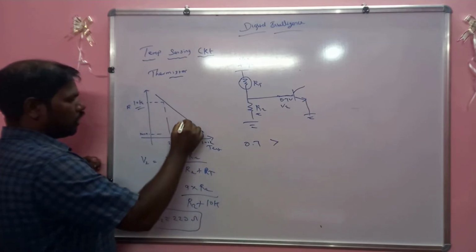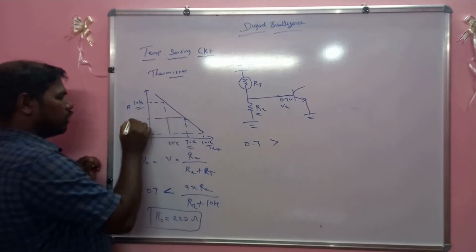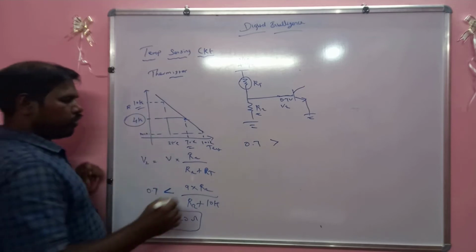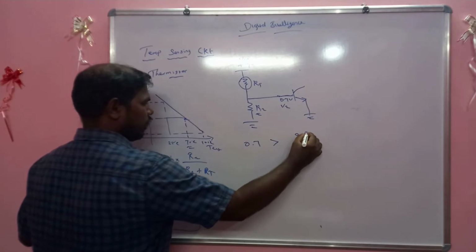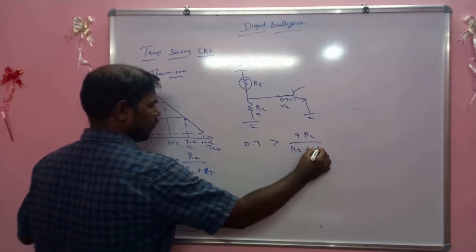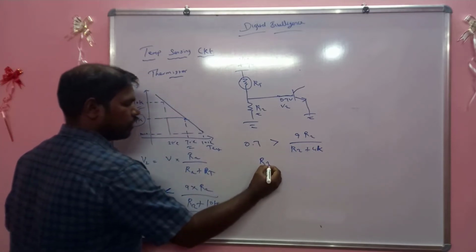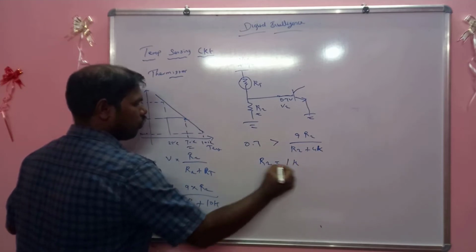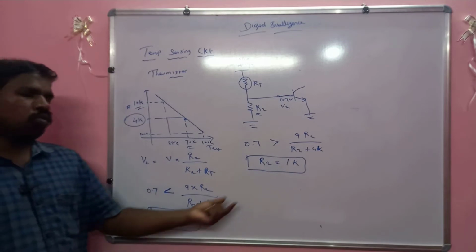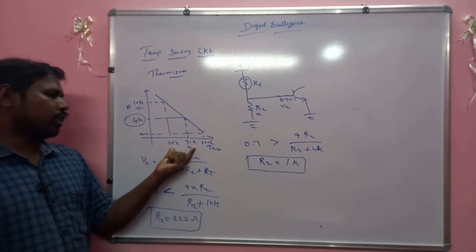Now you need to cut off at around 70 degrees Celsius, where the thermistor resistance value is approximately 4K. Using the equation 9 into R2 divided by R2 plus 4K, when you solve it, R2 is approximately 1K. So the R2 range is 220 ohm to 1K, for temperatures between 25 degrees Celsius and 70 degrees Celsius.